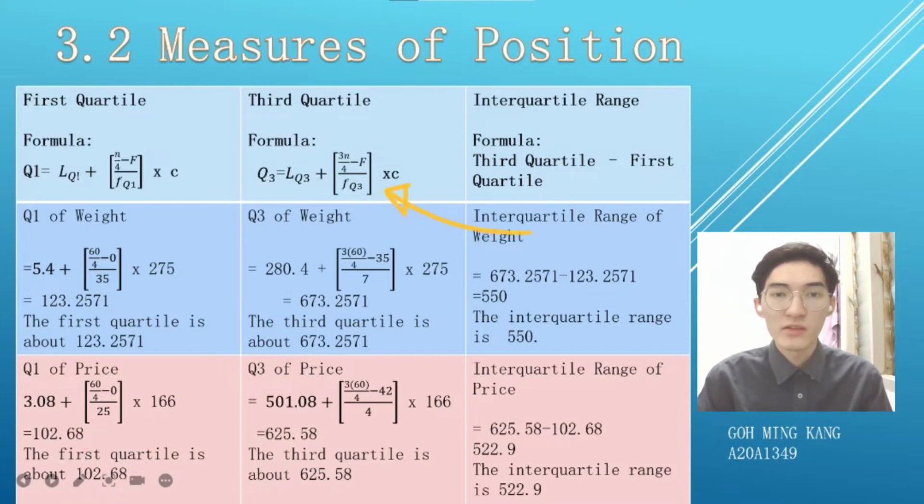The formula for the third quartile is Q3 equals LQ3 plus 3N divided by 4 minus F divided by FQ3, times C. So the third quartile for wedge is 673.2571 and for the price is 625.58. Thus, the formula of the interquartile range is third quartile minus first quartile. So the interquartile range of wedge is 550 and for the price is 552.9.